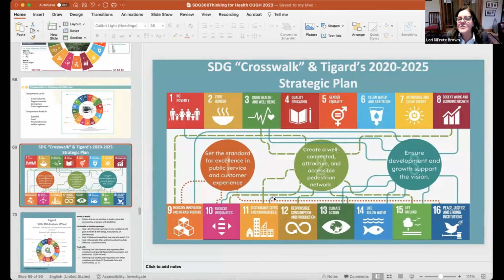Oh, this one is, so the students did their own thing, and I'll tell you what they did. I almost didn't include this because it's a little confusing, but you know how we have the wheel analysis and then we have the matrix analysis for when someone has a plan? They were doing the other one, not the wheel, but they had the strategic plan for this city called Tigard, Oregon. And the Tigard, Oregon city plan had three themes. They wanted to have an excellent customer experience, meaning citizens who came in for help. They wanted to have an accessible pedestrian network, and they wanted to have development and resources to support their vision.